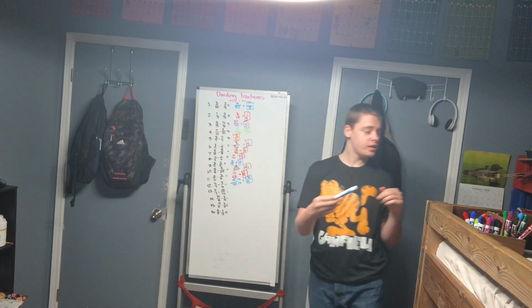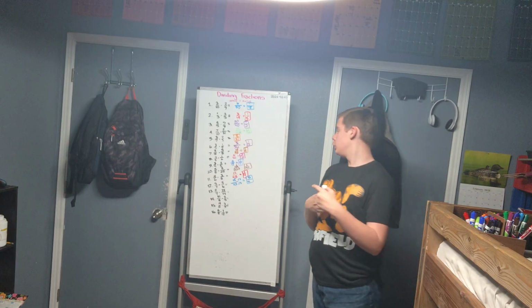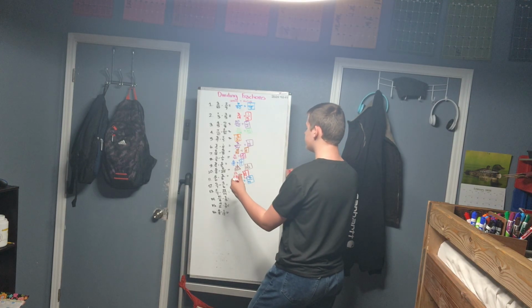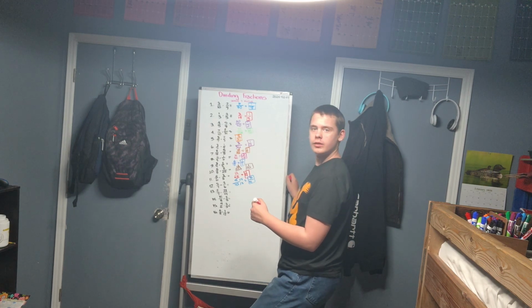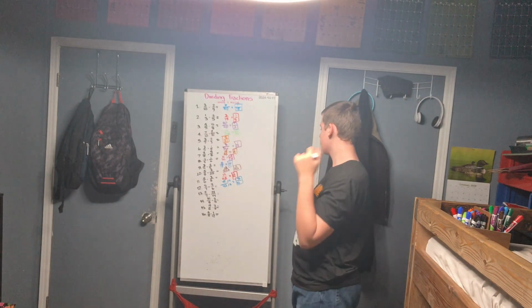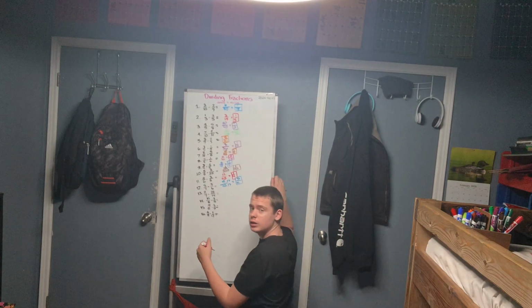Number 13. We're going to do a different color here. So 13. So 2/7 times 21 over 14. Okay. Perfect.